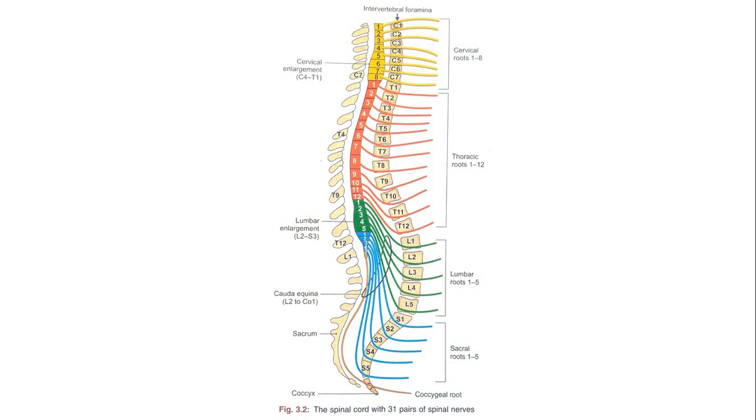So here these nerves are oblique and longer, and in the center there is the filum terminale. On either side these nerve roots are there. This appears as a tail of a horse, hence it is called the cauda equina.